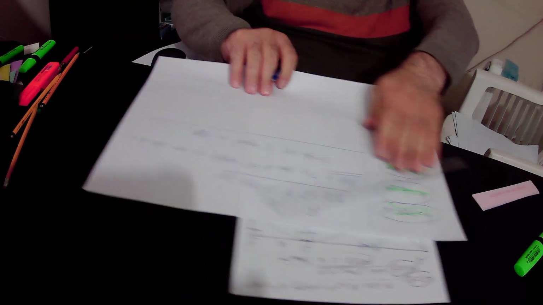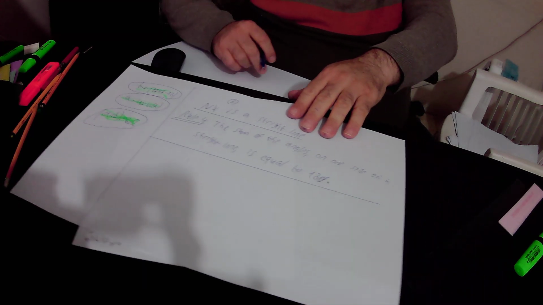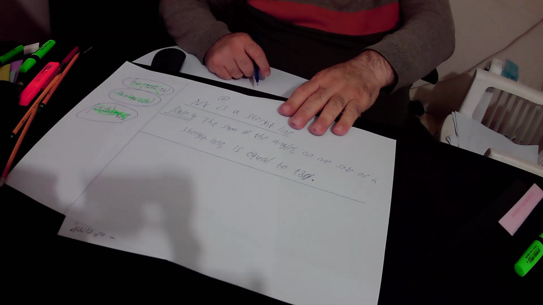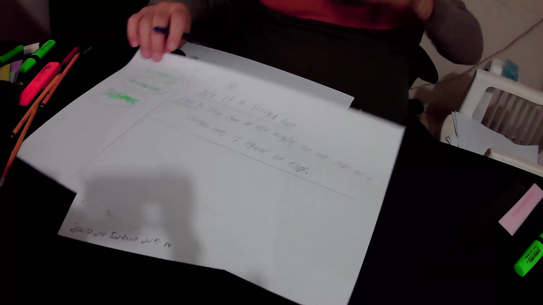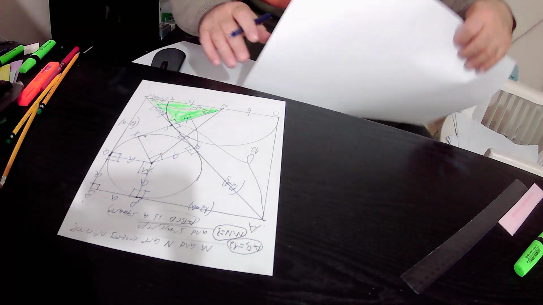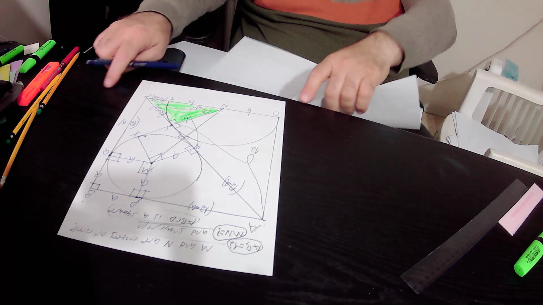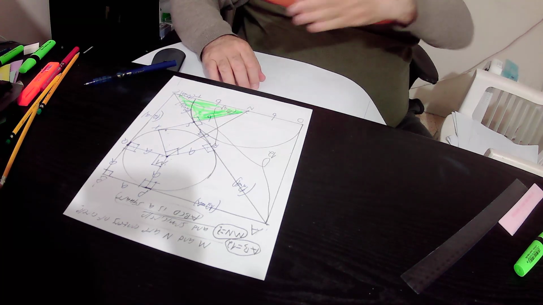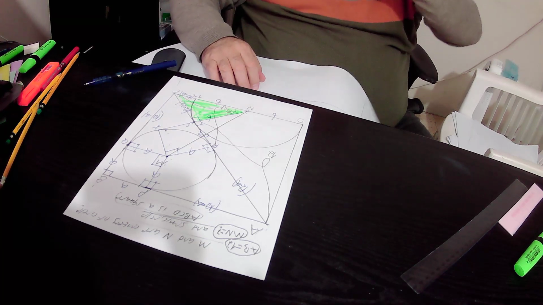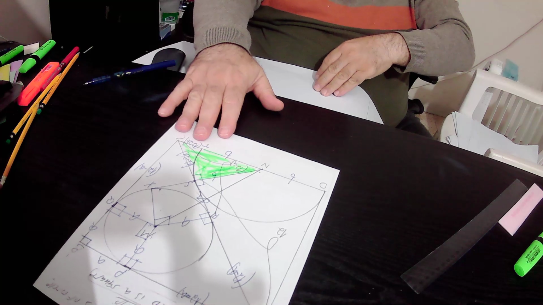I read rule number 4 again. According to rule number 4, the sum of the angles on one side of a straight line is equal to 180 degrees. So we will focus on the straight line NX.